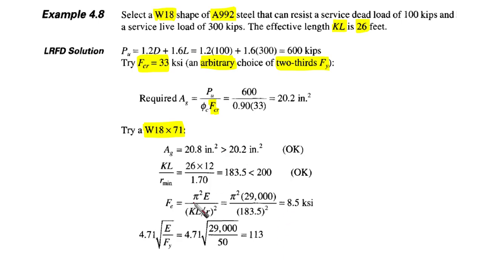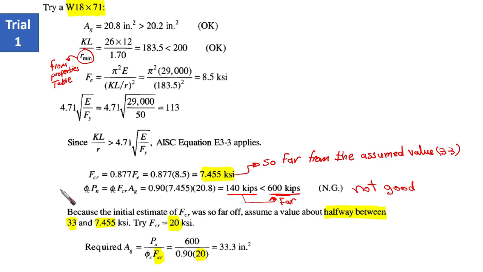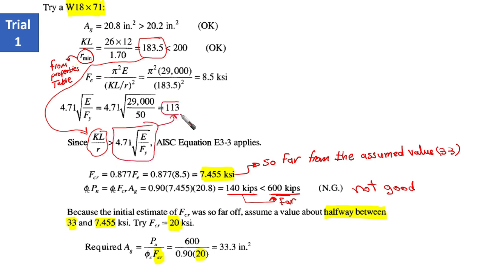So in this case, our KL over R, which we have as 183 here, is the value that we have used. It is larger than the limit, which is 113.